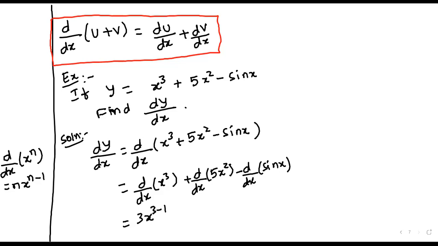In the second term, 5 is a constant and x square is the variable. So we can write it as 5 times d by dx of x square.